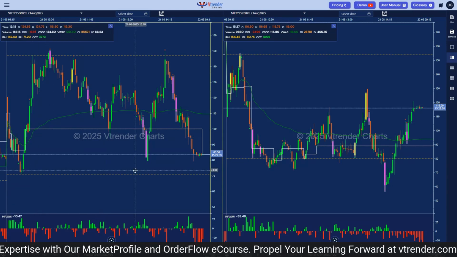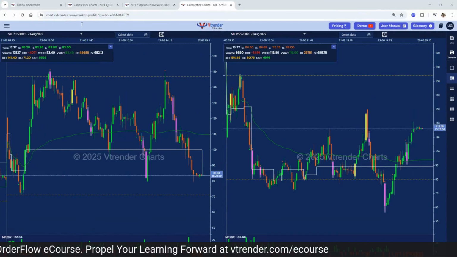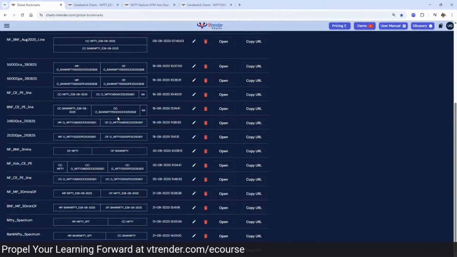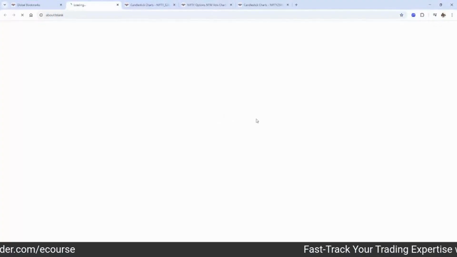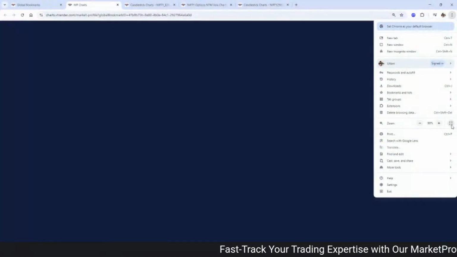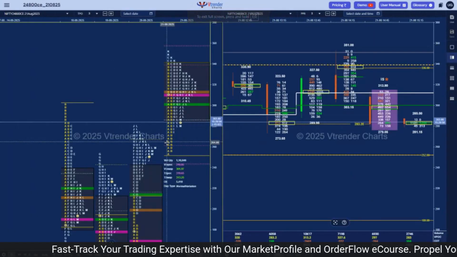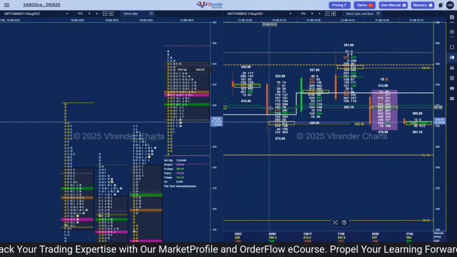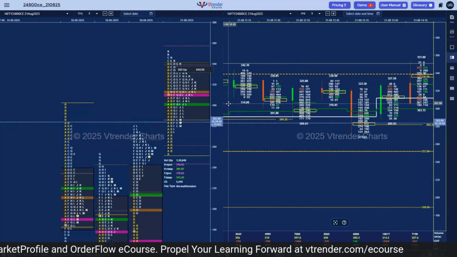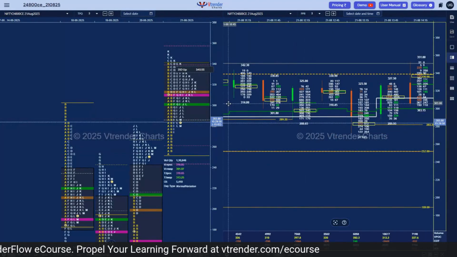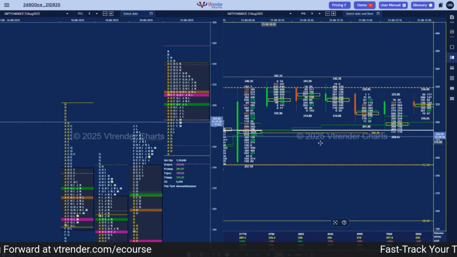So this is one way of having the two window mode on. There are few more bookmarks which I use. I'll just open up one of them. One is if you're trading options, same thing like what we did in the Nifty market profile plus order flow, you can have the same thing in the options also which you trade, because market profile and order flow concepts work on all instruments.